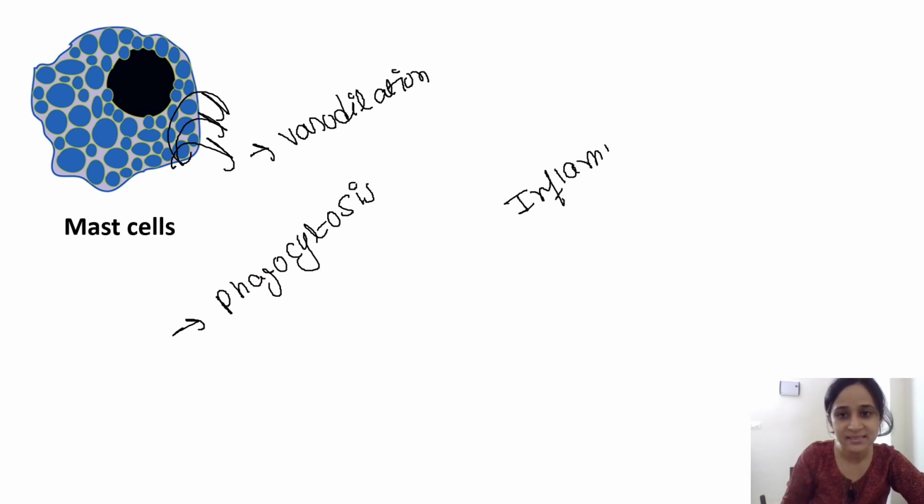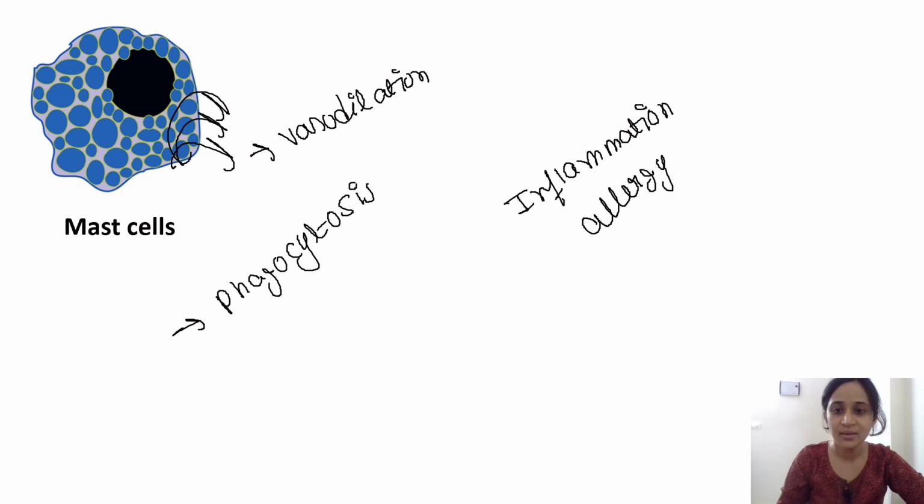Vasodilation causes inflammation like basophil only, and allergy. So inflammation and allergy will be caused due to mast cell also. So this is all about granulocytes, and stay with me for the second part of this lecture.